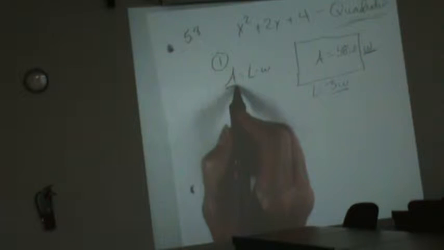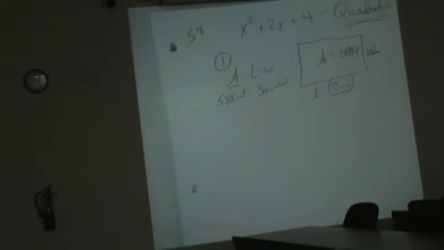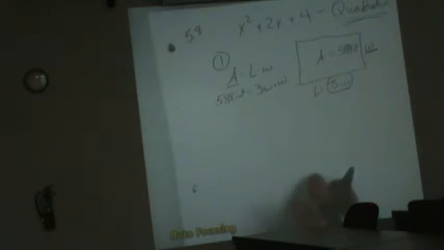Okay, do we know the area of this? Oops, I put 558. It's 588, right? 588 square inches. The length, instead of putting L, we're going to put 3W, times the width, W. Now, 3W times W is 3W squared, right?